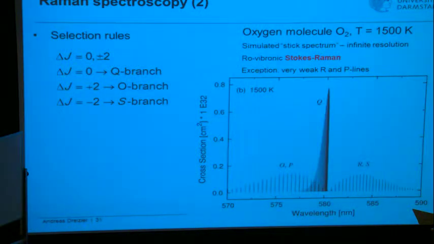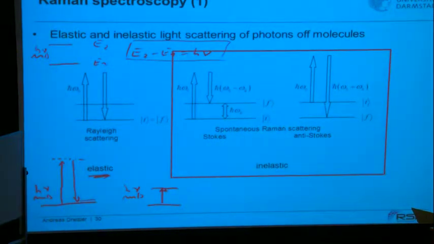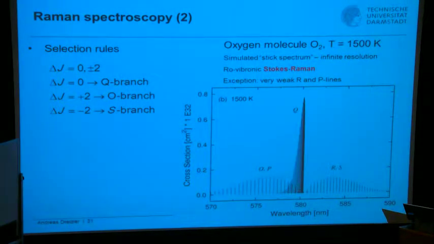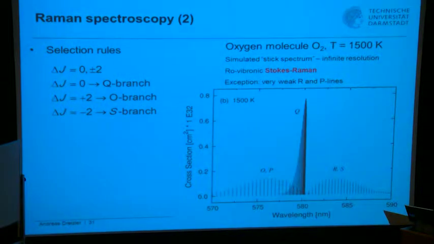Okay, in Raman spectroscopy, we are referring now only to the Raman side, the Rayleigh side we come to later. We do have certain selection rules here as well. That is the outcome of the quantum mechanical treatment, that the change in the rotational quantum number for rotational Raman is either 0, that is again the Q branch, or plus minus 2.